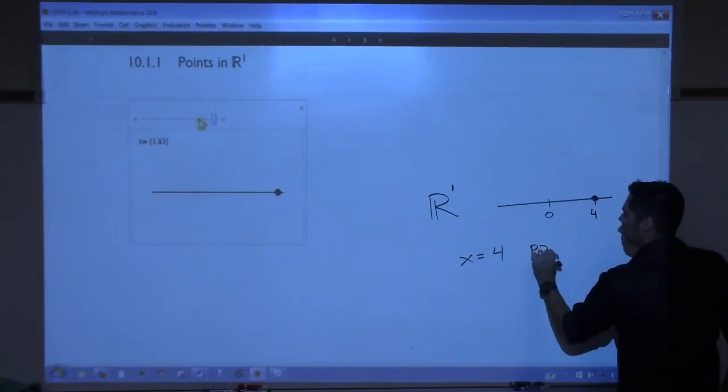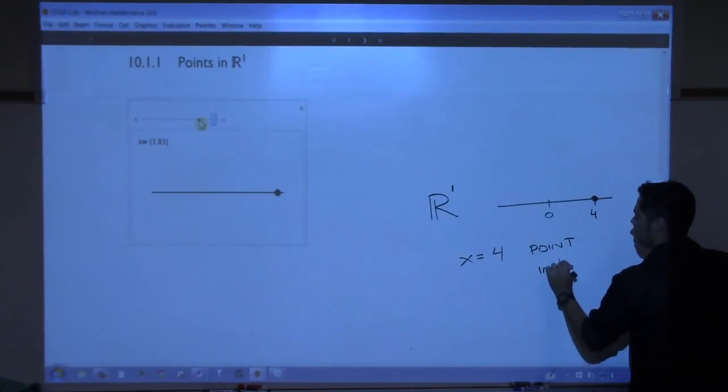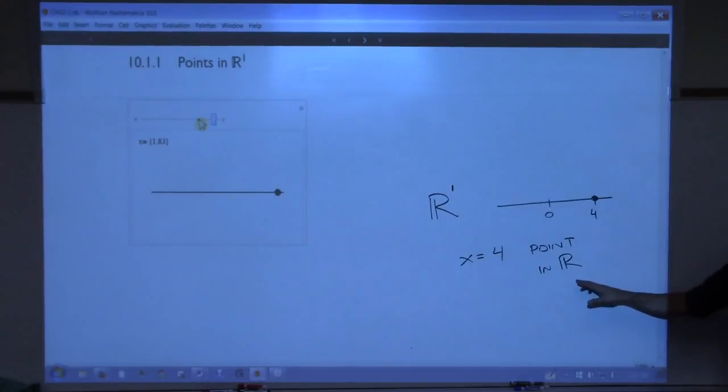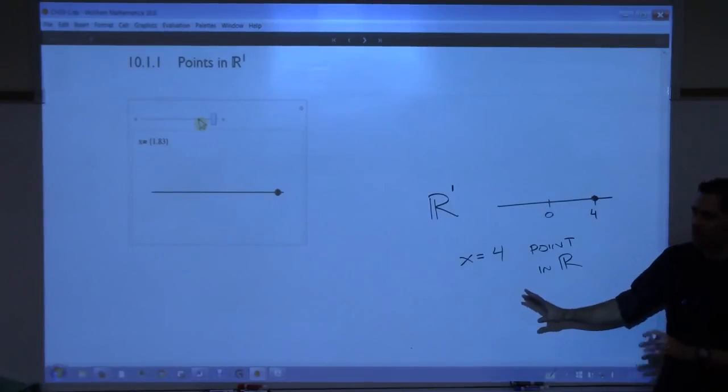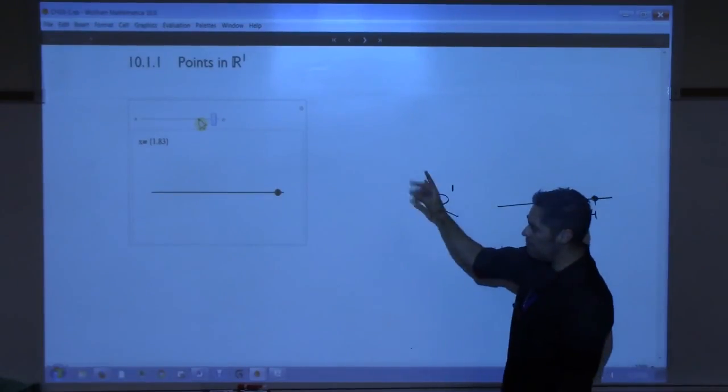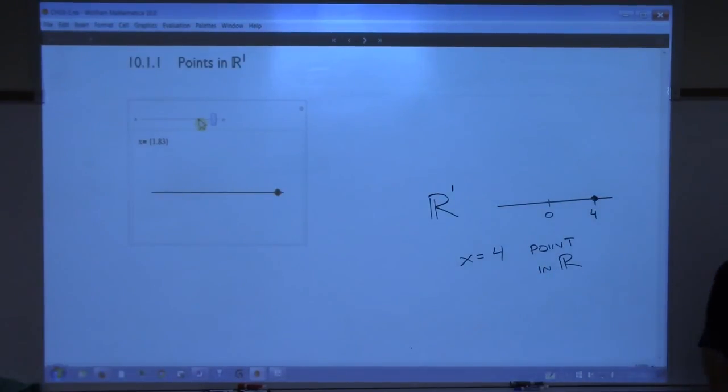So this is a point in R. What we're going to see is that this same equation in R2 is not a point, and this same equation in R3 is not a point. So that's why we're talking about it. Everyone with me, though? R1, x equals 4, that's a point in the space.